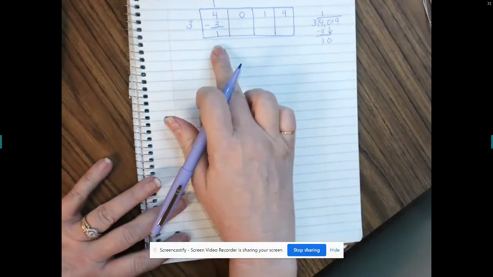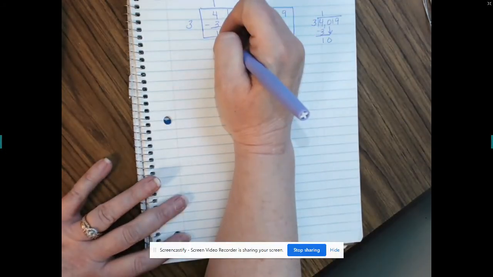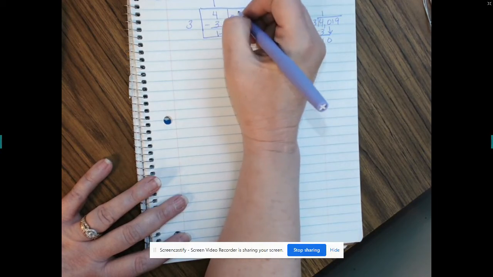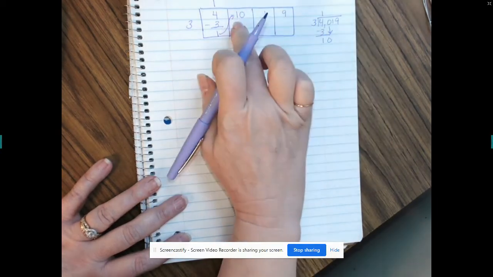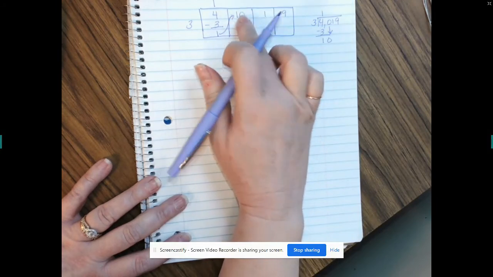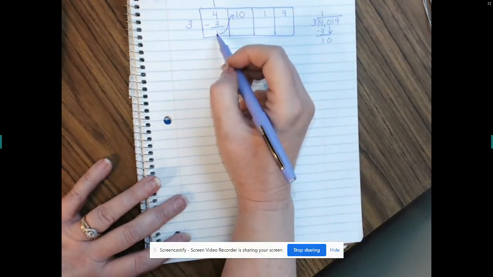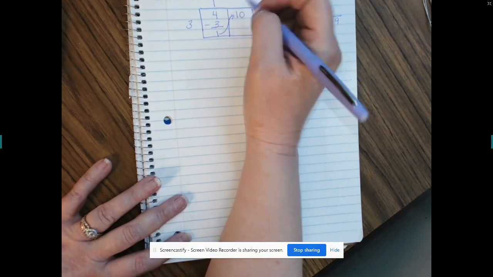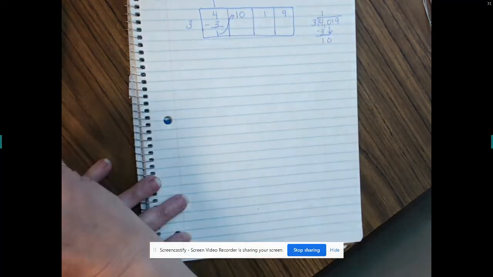So what I like about this method is that it shows you that 1,000 is equivalent to 10 hundreds, because I put it in the hundreds place. So I move my 1,000 and I create 10 hundreds because I put a 1 in the tens place.